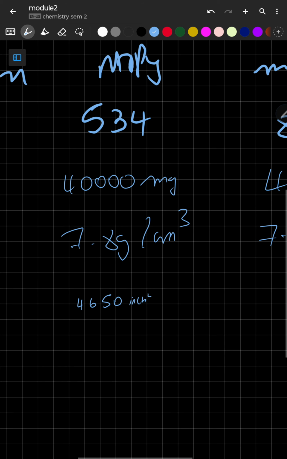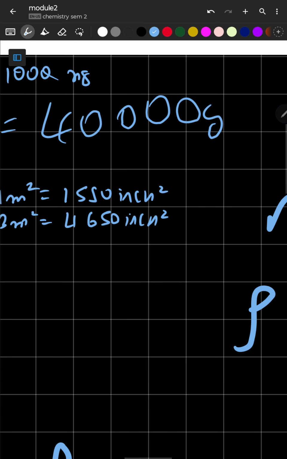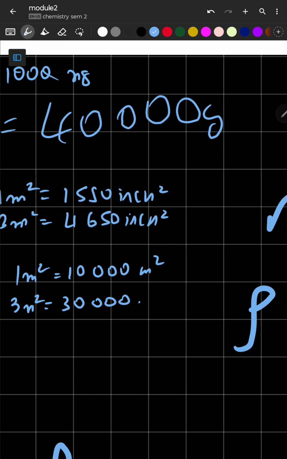The other one is in centimeter square, so again, 1 meter square is 10,000 centimeter square, so 3 meter square is 30,000 centimeter square.